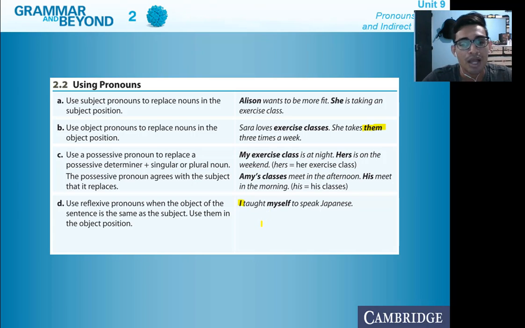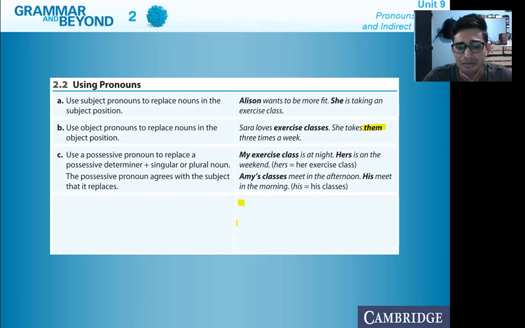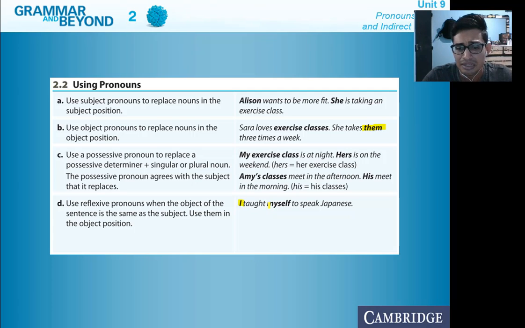Because it's a person. I thought who. Since the person who I thought is myself, then the reflexive pronoun will be myself. The person who does the action is the person who receives the action as well.